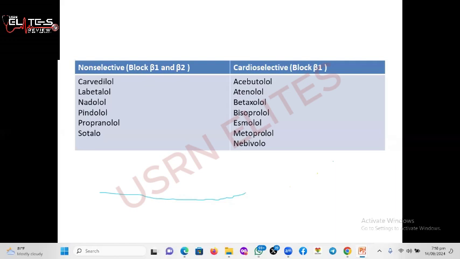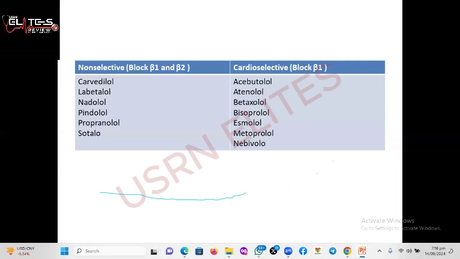But if someone has a bronchospasm issue like asthma and is given a non-selective beta blocker, you need to follow up on that, because it will affect the bronchioles and cause bronchospasm, leading to occlusion of the airway, affecting the client more.